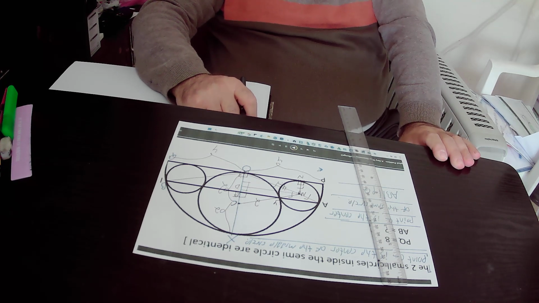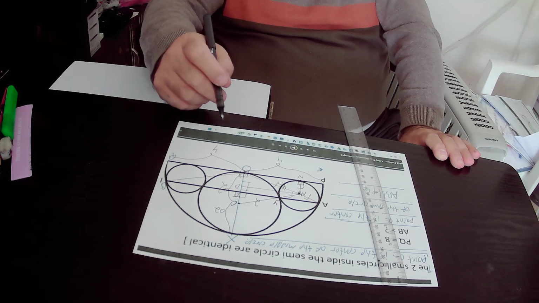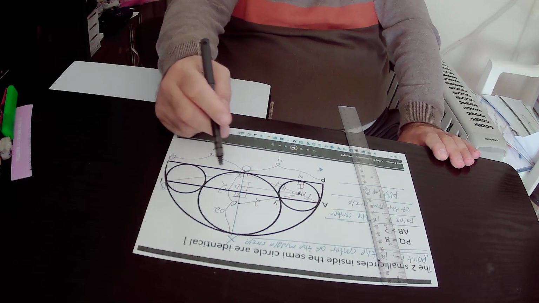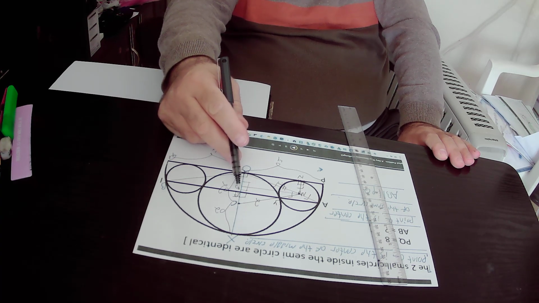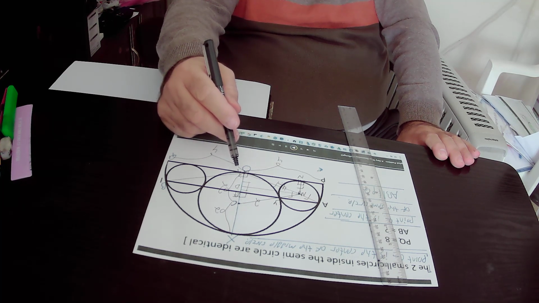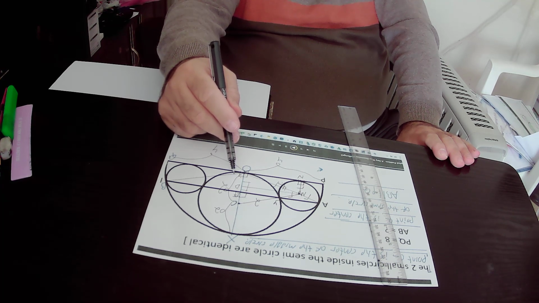And what is the size of angle OEB? We have the rule that states that the sum of the angles on one side of a straight line equals 180 degrees.